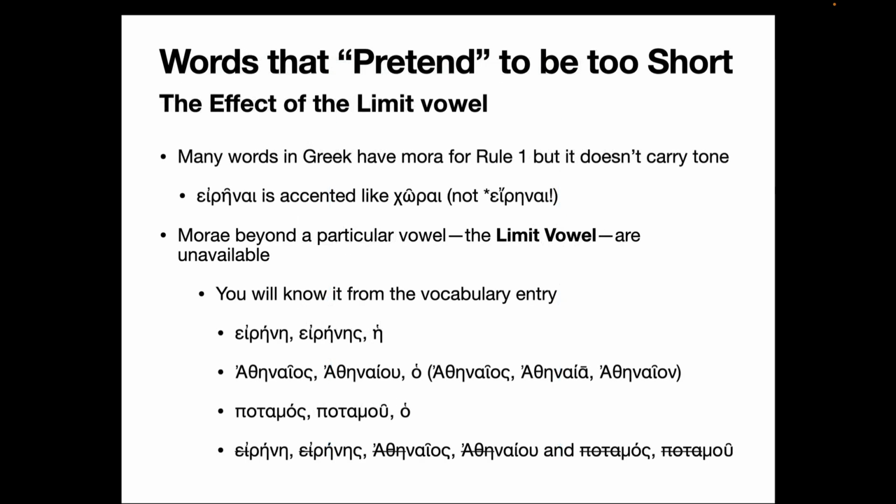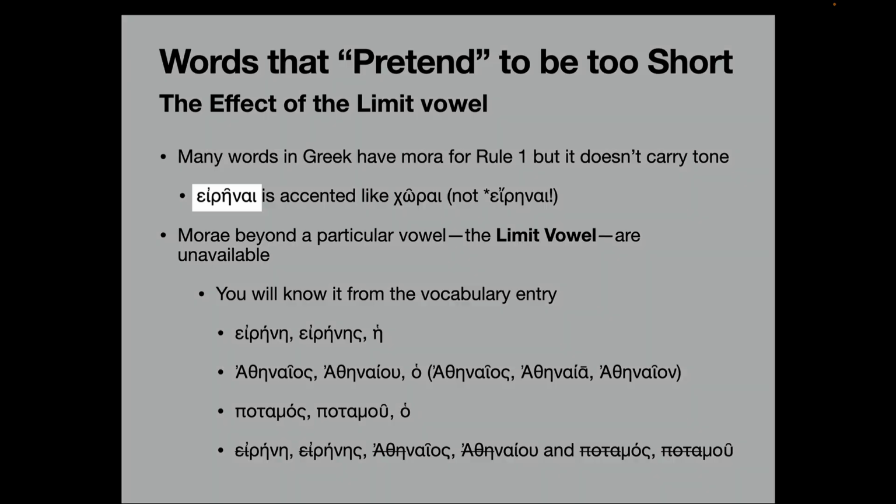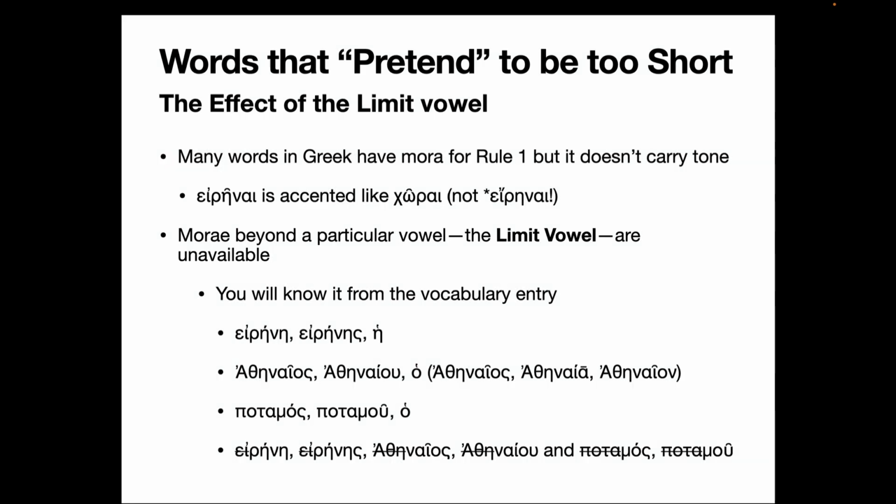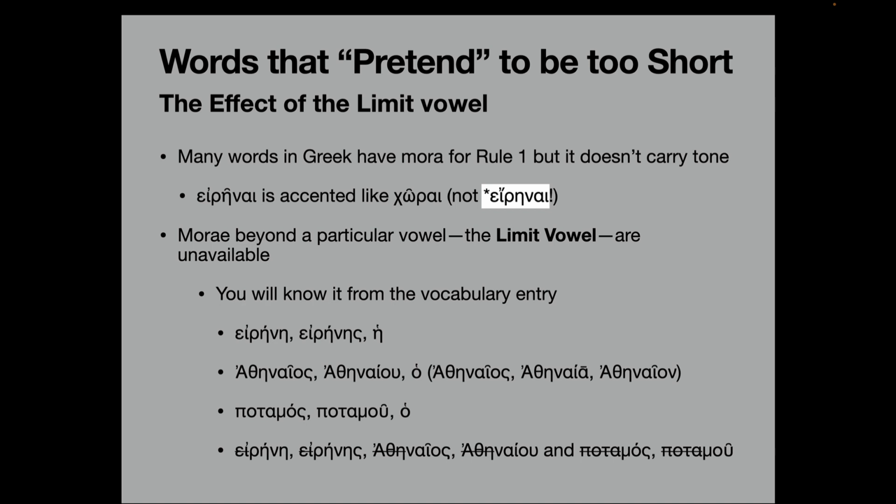Now, this is where it gets a little bit trickier, and that is that there are many nouns, adjectives, and pronouns in Greek that pretend to be too short for rule 1, even though they actually have the mora that is designated by rule 1, it doesn't carry the tone. So for example, in the plural of the noun eiranai, when you get to that, eiranai is accented like chorai with a mora 3 tone instead of having tone on mora 4.